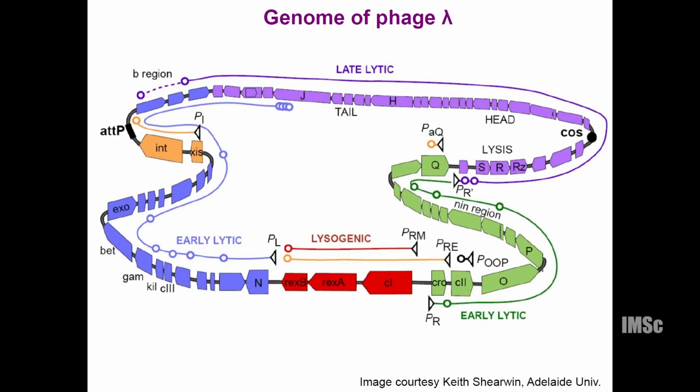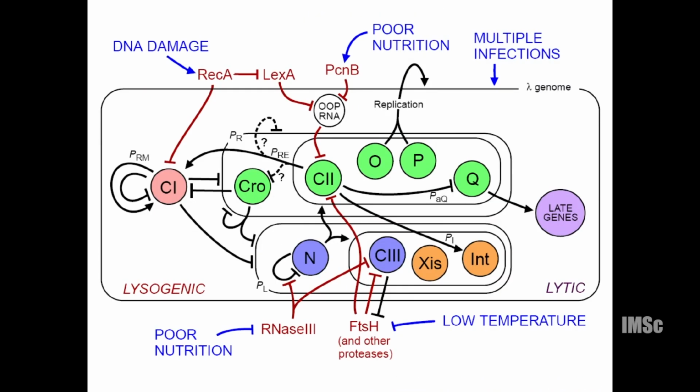And what is also known is a lot of the interactions. So if you look at what is known right now about the interactions between all these different proteins produced from the viral genome of lambda phage, there are still a few question marks, but there's a lot known. So this is the bit that I was talking about as the textbook picture.